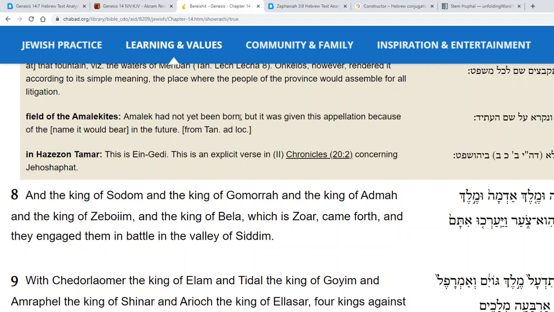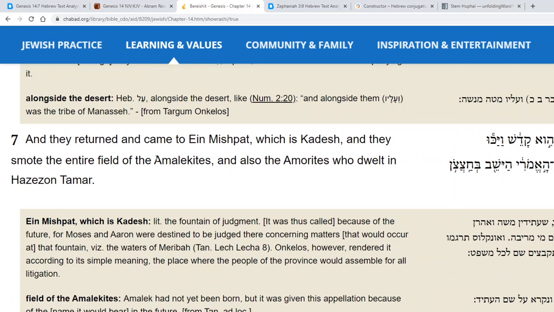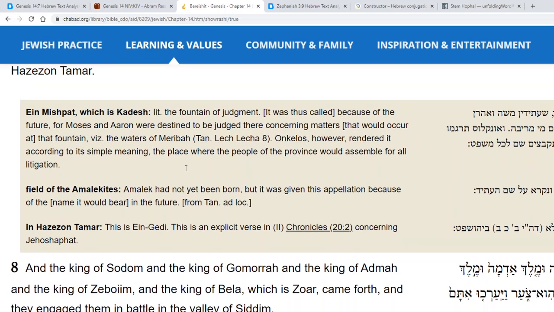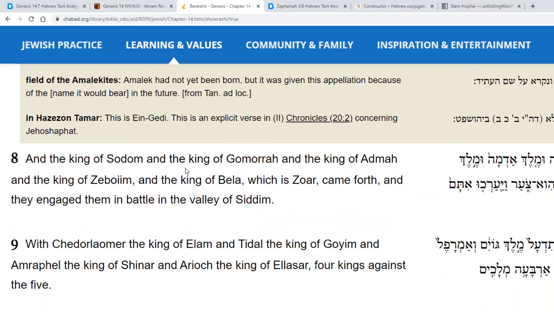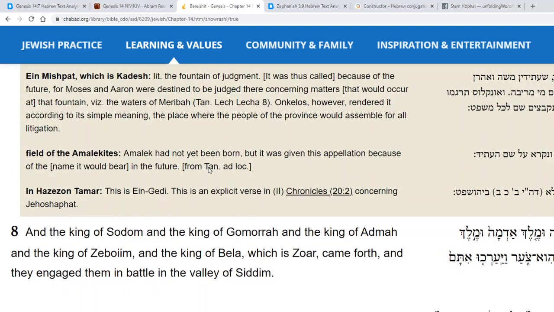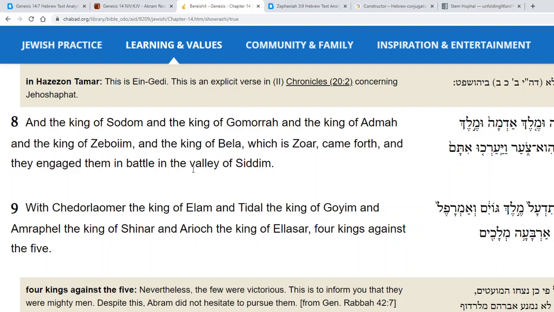Amalek had not been born, but it was given this appellation because of the future, right? So they weren't actually there yet to be attacked themselves. It's just that the place is the place of them.